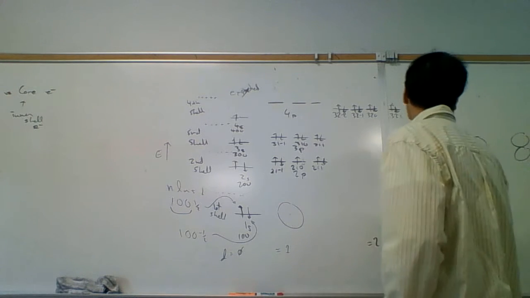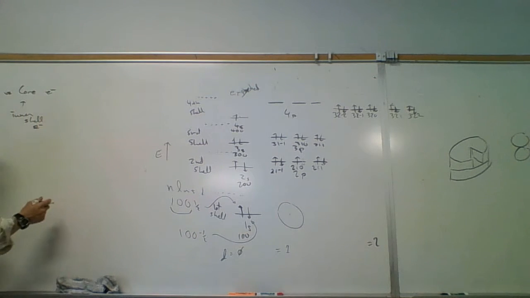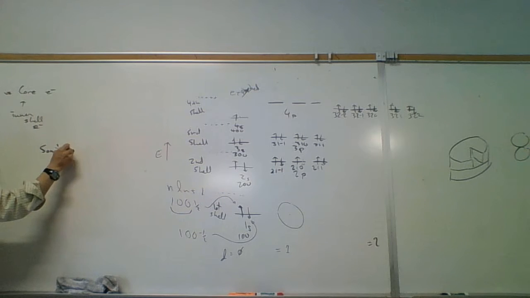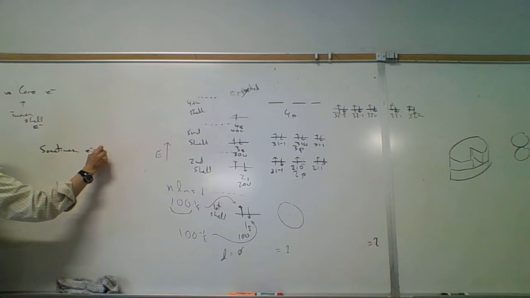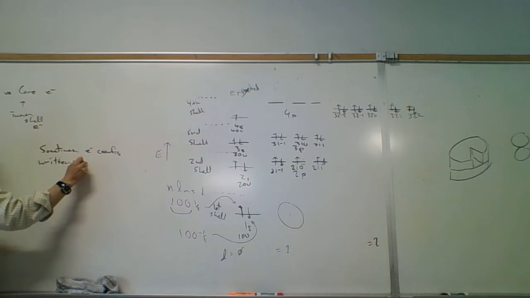And so when we do valence and core, we rewrite the electron configuration sometimes to help us. Sometimes the electron configuration is rewritten in numerical order.